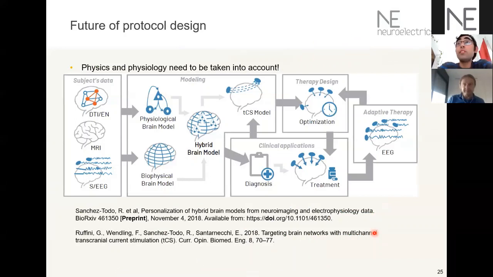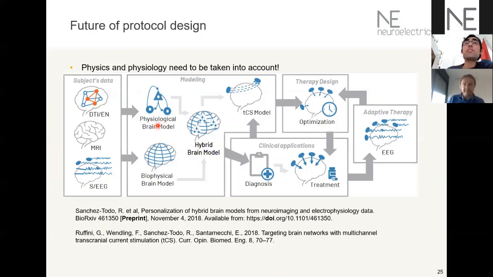And in fact, we believe that not even just a model that models the brain as passive, so a model like I described before, a biophysical brain model, includes all the relevant information. There's another layer that you want to add to the models of the brain, which includes the effects that the electric field has on networks of neurons. So a physiological brain model that uses neural mass models, for instance.